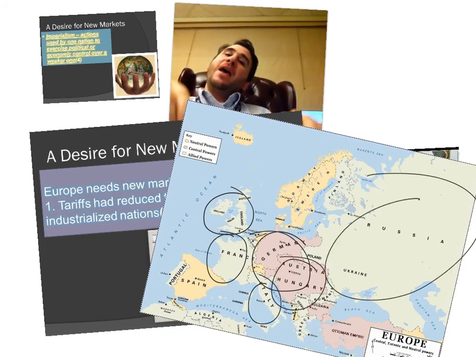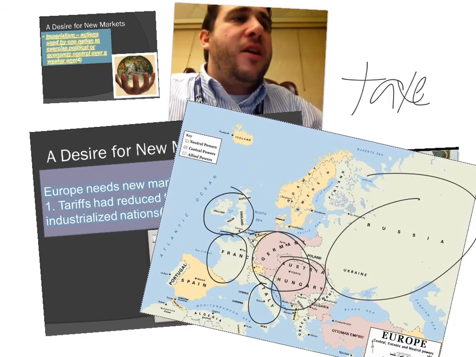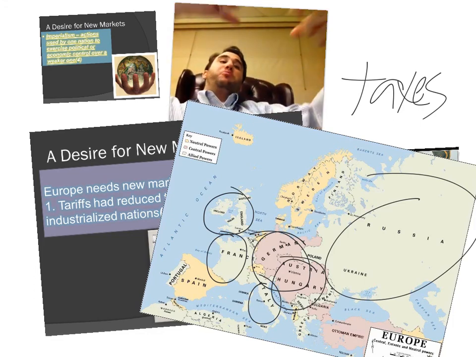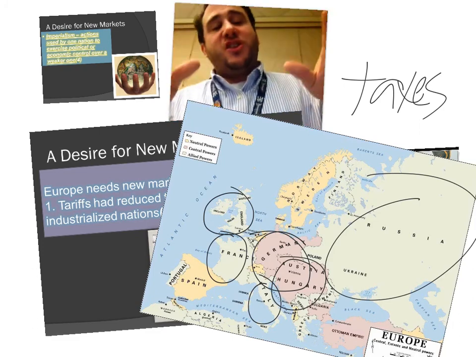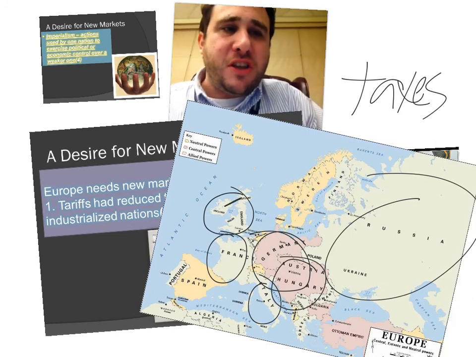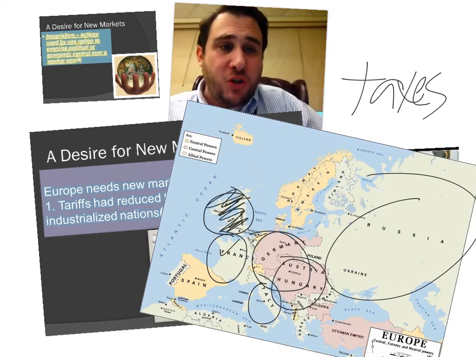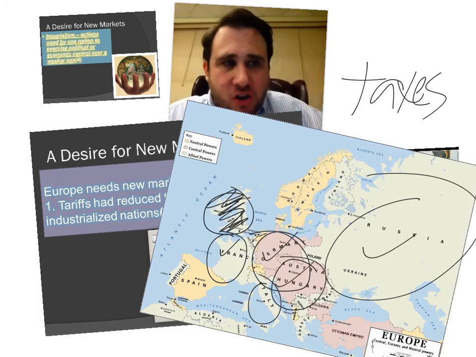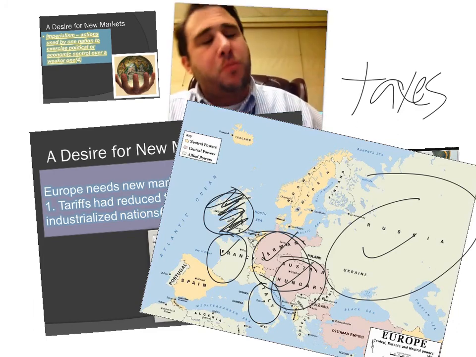Each of them has placed so many taxes on the goods of the countries that are near them that they're not able to import anything, because every other country is setting such high tariffs that you can only sell to your own people. So anything that's made in Britain can only be sold in Britain because France has placed such high tariffs on it, because Germany has, Austria-Hungary has, Russia has. Anything made in Britain can only be sold there because every other country placed tariffs on it.